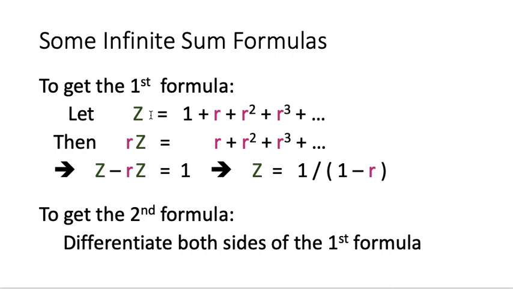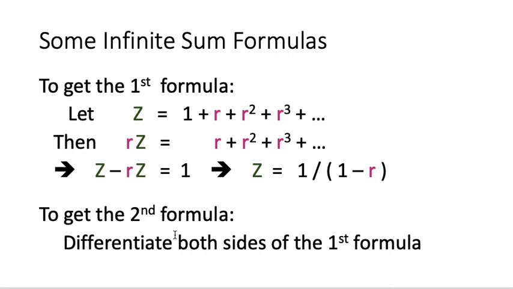Now we can subtract the second equation from the first, so that on the left-hand side we get z minus r times z. On the right-hand side, all the terms related to r are cancelled, so only one term is left, which is 1. So z minus r times z is equal to 1. After rearrangement, z is equal to 1 divided by 1 minus r. And z is exactly the sum that we want to find, so we have now proven the first formula.